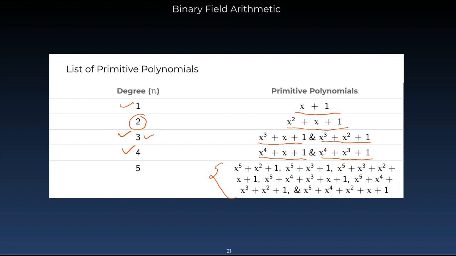From degree 5 onwards, we have quite a few primitive polynomials, and we don't really need degree 5 in general. So this is all that you have to remember. It's a very good exercise to prove whether these are primitive polynomials or not. You already know the definition of a primitive polynomial.